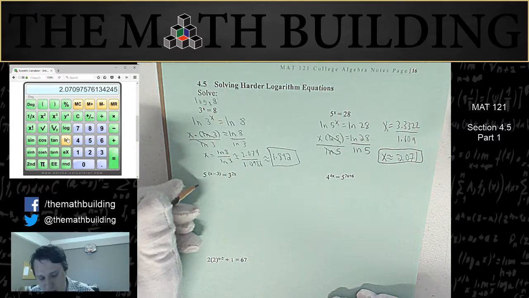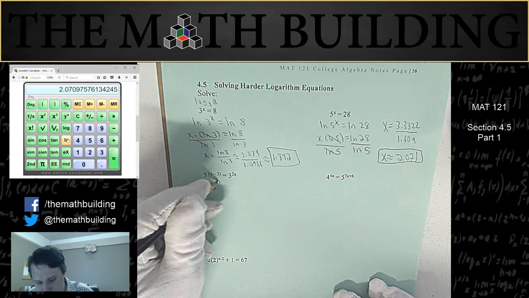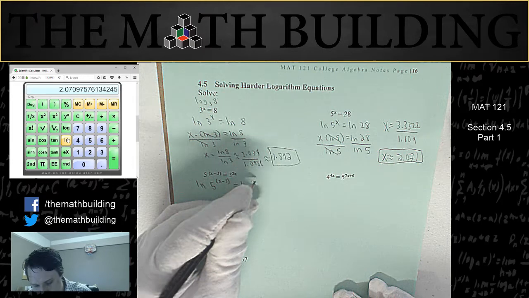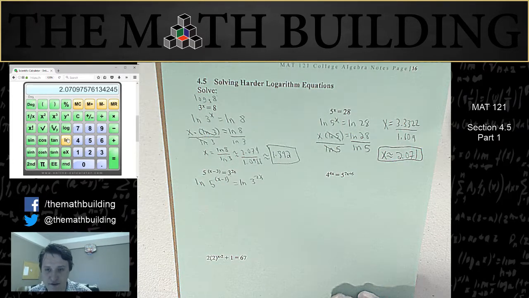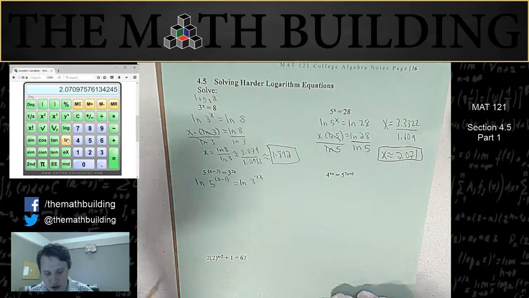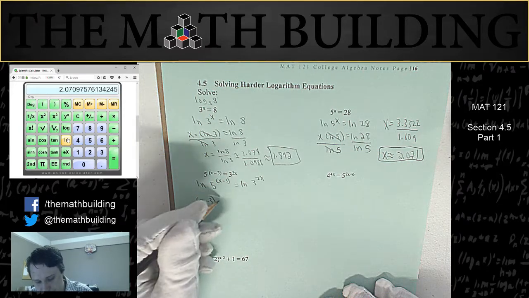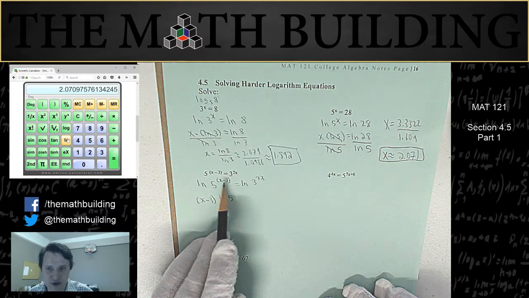Start by taking the log or the natural log of both sides of the equation. Okay? Natural log of 5 to the x minus 3 equals natural log of 3 to the 2x. Now that we've done that, we can bring our exponents down in front. Now, remember how x minus 3 is in parentheses?